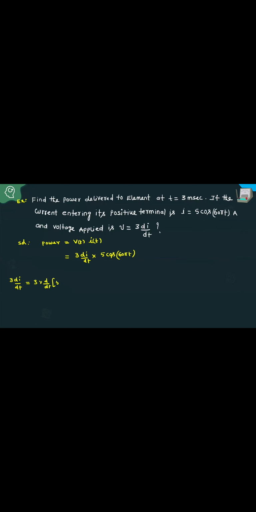I is 5 cos 60 pi t. Then if you differentiate this, 5 into 3, 15. Cos differentiation is minus sine 60 pi t. Again 60 pi t is differentiated, we get 60 pi.